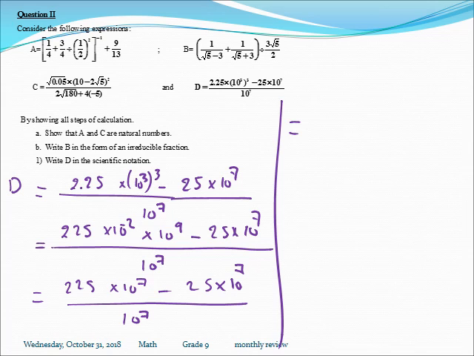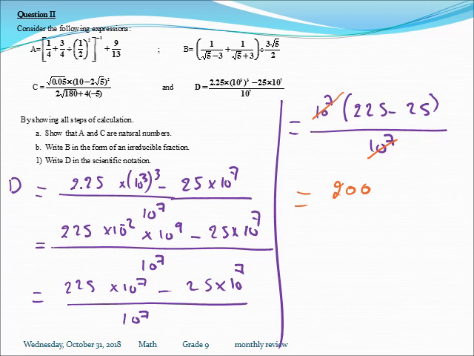Take a common 10 power 7: 225 minus 25 over 10 power 7. Simplify 10 power 7 by 10 power 7, so it equals 225 minus 25, which equals 200. 200 is not scientific. To be scientific, the decimal point should be here, so it equals 2 times 10 power 2. Scientific.